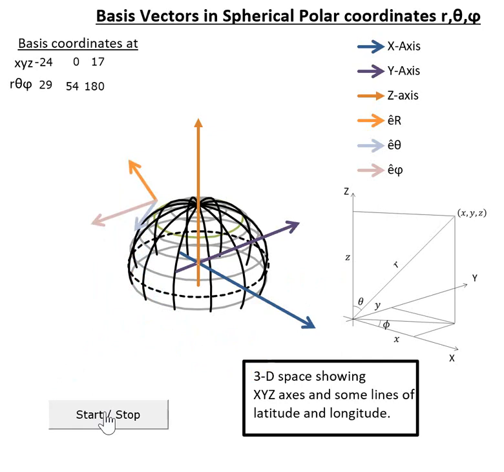Let's just stop it. We've still got the r basis vector pointing out from the origin, because as you increase r, you go outwards. And then you've got theta, which is the polar angle.